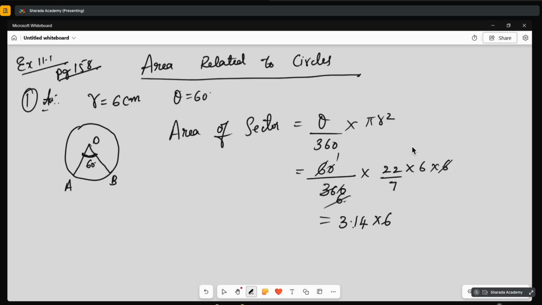For any decimal, take 2 decimals after the point, that is enough for any calculation because you will not have much time there. For root 2, root 3, any number, take only 2 decimals. So 3.14 into 6, how much will you get? 18.